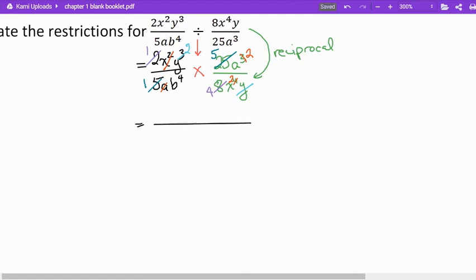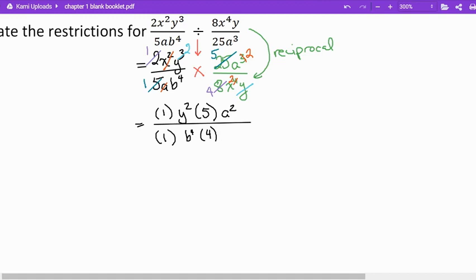And so we end up with a much simplified, so I've got a 1. Now that it's multiplying, I'm just going to write all the factors. The y squared, the 5, and the a squared. In the denominator, I have a 1. I have a b to the power of 4.